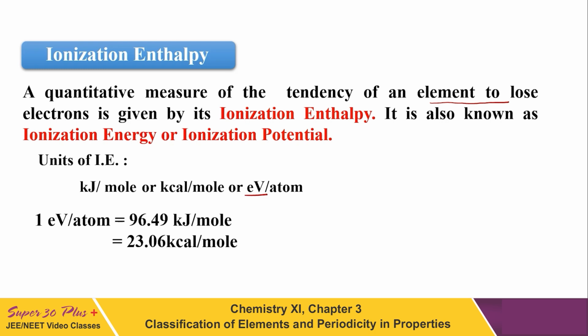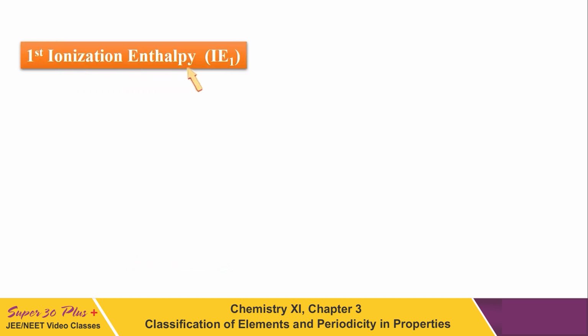And here is the conversion. 1 electron volt per atom is equal to 96.5 kilojoule per mole, or 23.06 kilocalorie per mole. What is first IP? What is first ionization energy? When you remove 1 electron from the atom, it is called ionization energy.